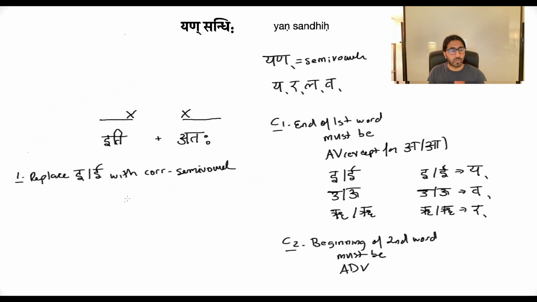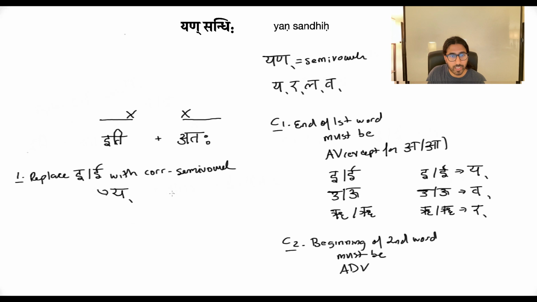What is the corresponding semivowel? The corresponding semivowel of this is ya. So for the first step, you have to replace the i with this corresponding semivowel ya.